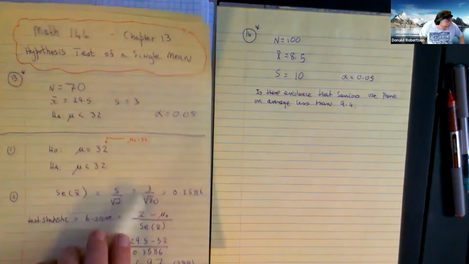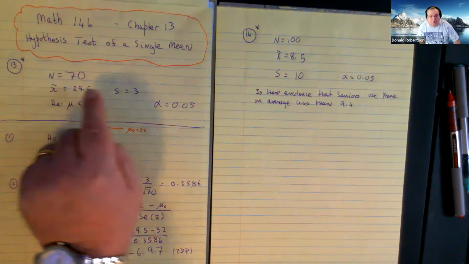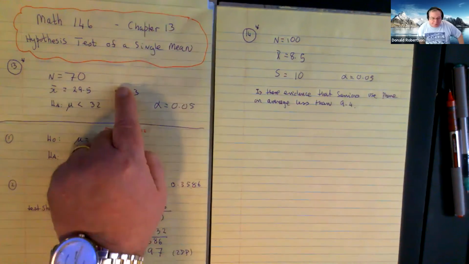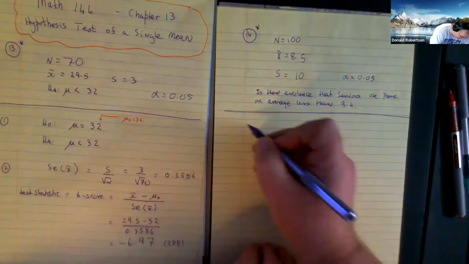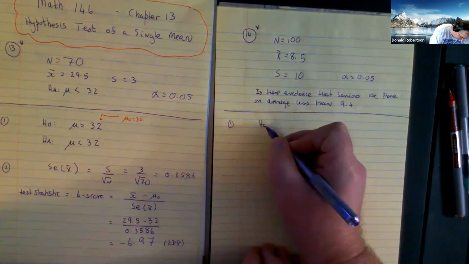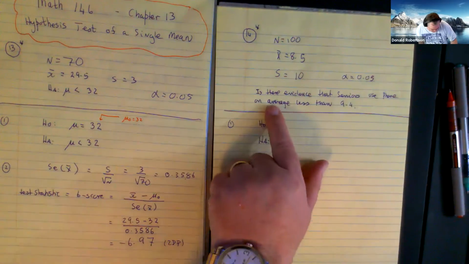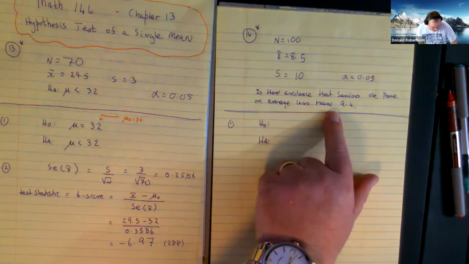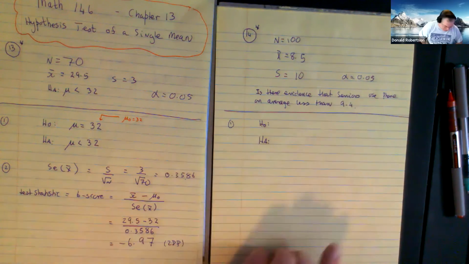It might have nothing to do with tire pressure, but we're going to treat this pretty much the same way we just did that one. So I'm going to start with my null and alternate hypothesis. In this story, you're trying to prove that the average is less than 9.4.